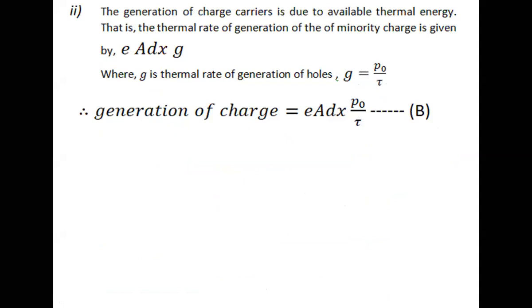As I already told you, charge will be generated due to the excitation process, and in this particular case I am considering the excitation is taking place because of the available thermal energy. That means we are taking the semiconductor at particular temperature, because of which there will be some excitation.